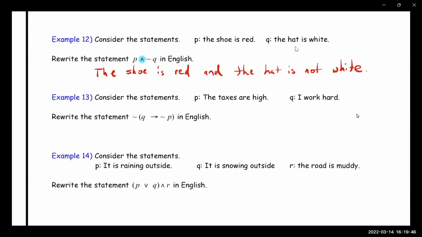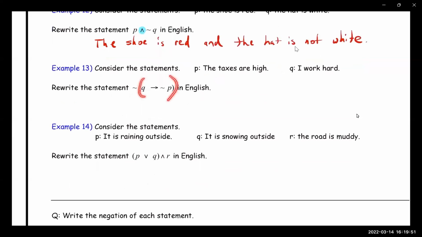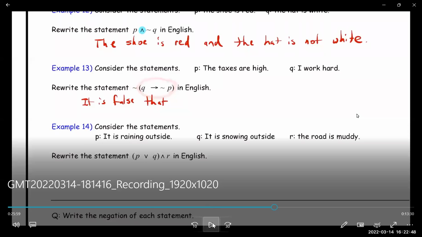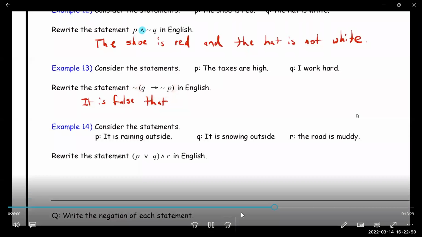Perfect. All right, let's look at this one. This one's a little bit more challenging because it's got, remember the parentheses with the negation? Anybody remember what to start with if that's the case? It is false that. Yeah, very good. It is false that, then the parentheses. Q is first, but how do we start with the arrow?